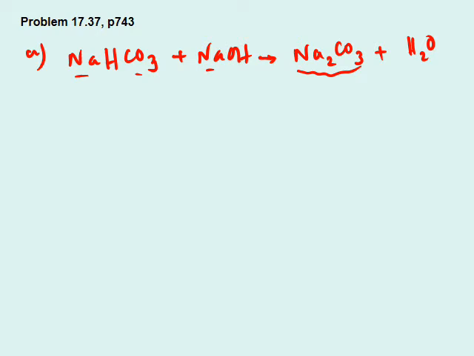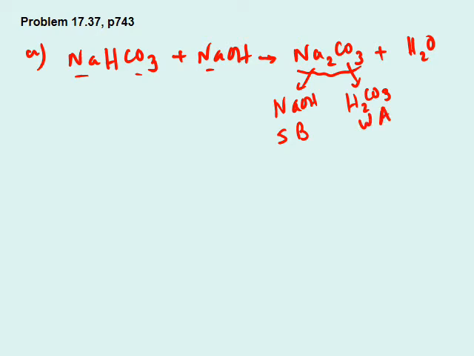Let's split that into acidic and basic parts. Na comes from NaOH. CO3 comes from H2CO3, or you can even say HCO3 minus. It doesn't really make a big difference. NaOH is a strong base, and H2CO3 is a weak acid.